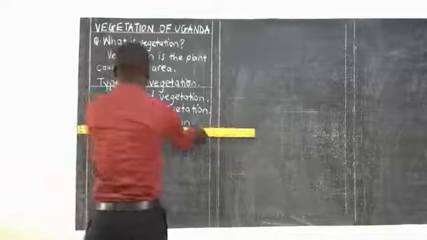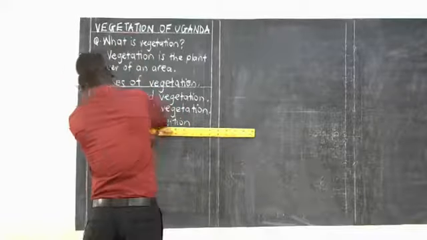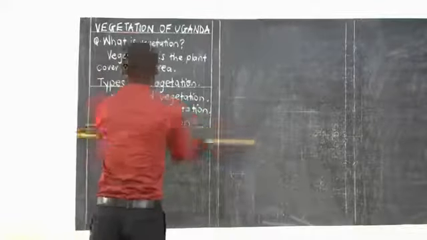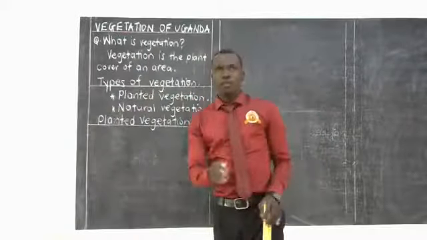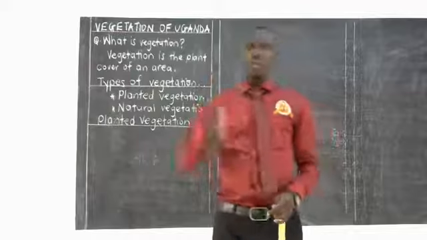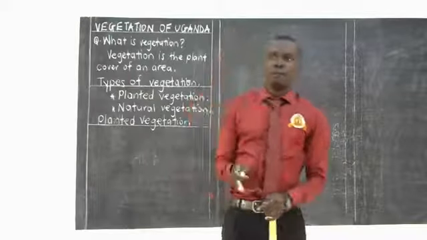You underline it beautifully. Now, planted vegetation refers to the plant cover of an area grown by man.